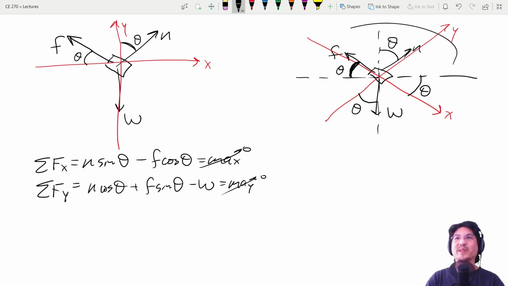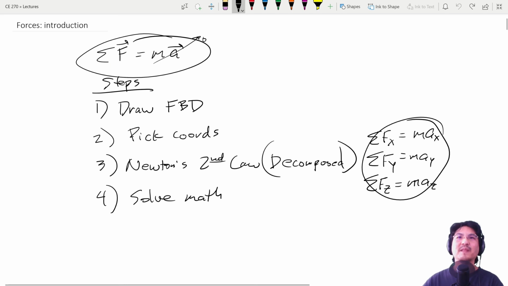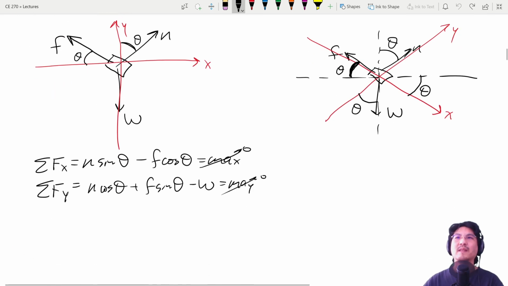Okay, let's try this one now. So the x component, I picked the x-axis over here, right? So the x component of the weight is positive and is opposite the angle, so sine.